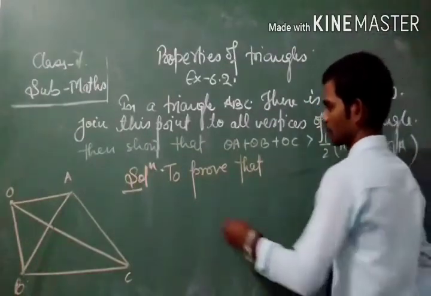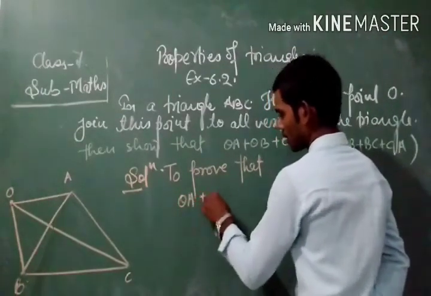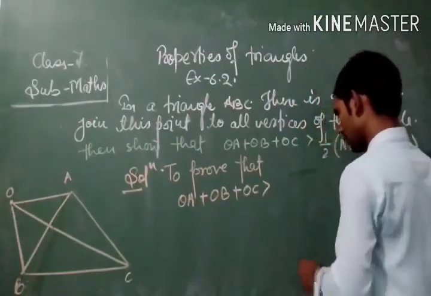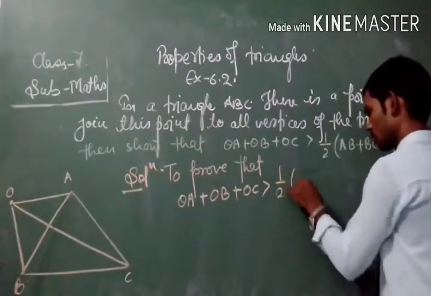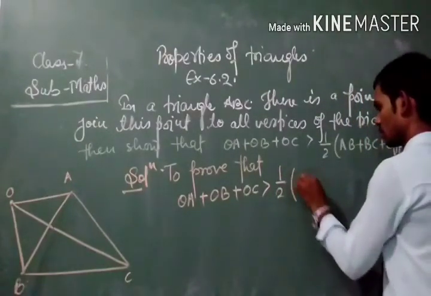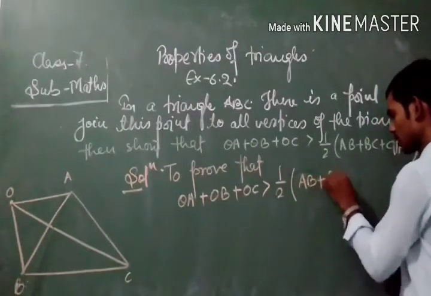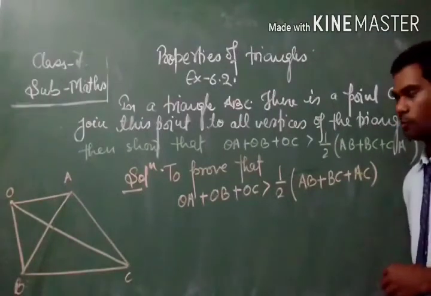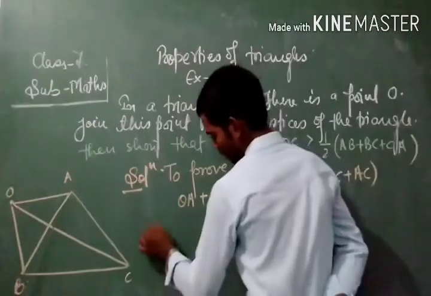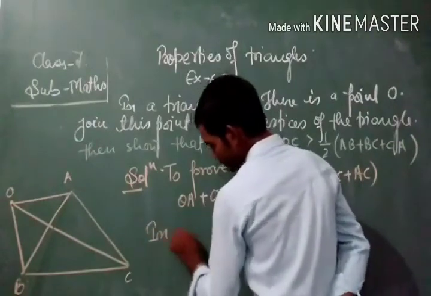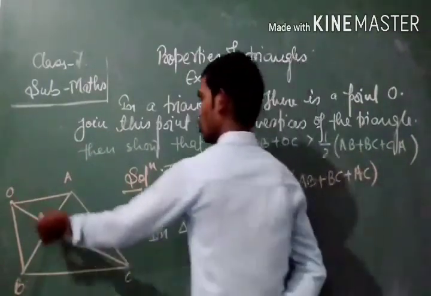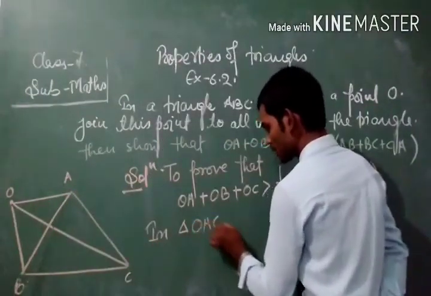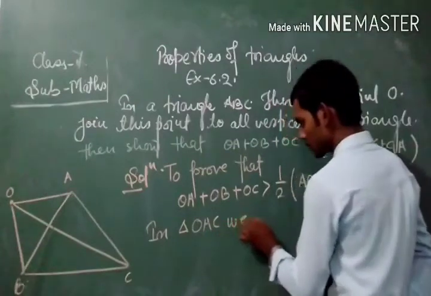Here we write, to prove that OA plus OB plus OC is greater than 1 by 2 (AB plus BC plus AC). This we have to prove. So in triangle OAC, what do we get?